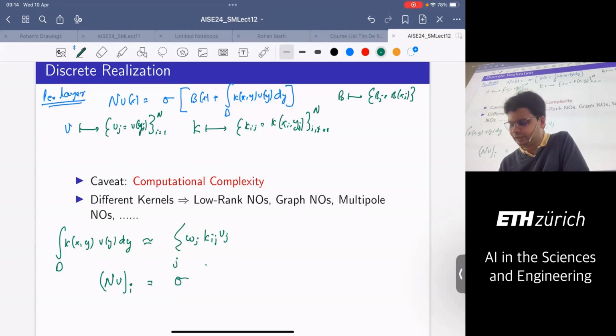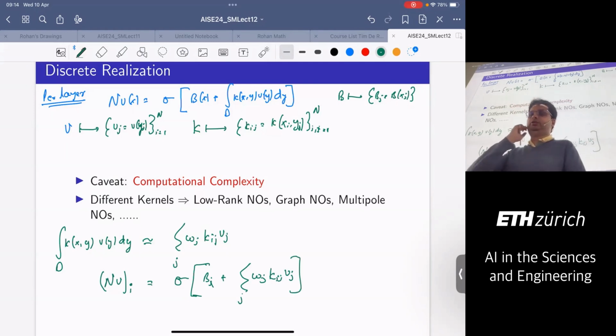So it looks very much like a neural network, except that there is one little catch here. The omega is just the quadrature weight. This could be 1 over n, for instance, if you do Monte Carlo sampling. The j is from 1 to n, where n is the number of grid points, or the number of points that you have.